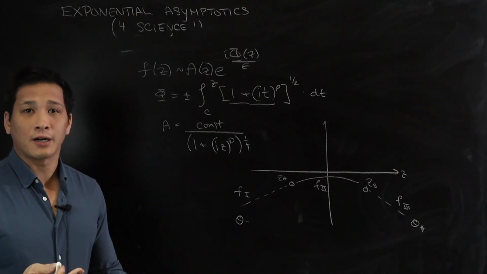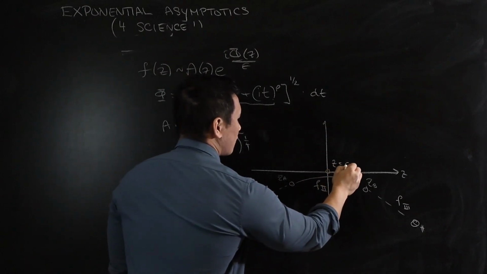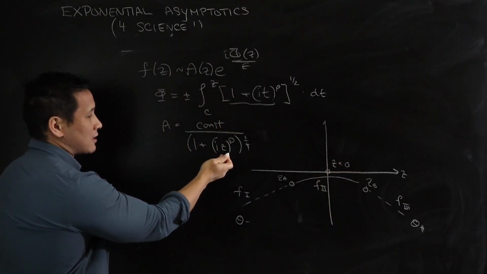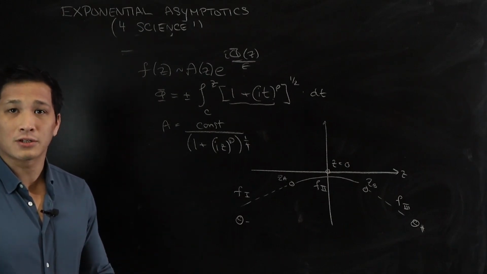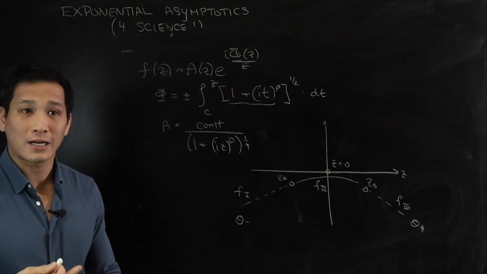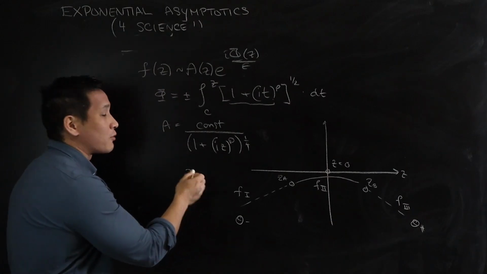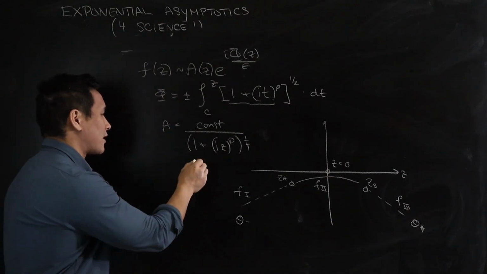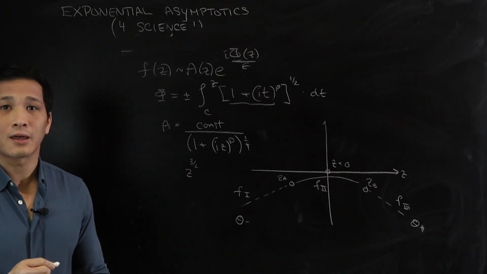but I have a different kind of singularity at z is equal to 0. Because at z is equal to 0, if p is not equal to 2, and if p is irrational, or if p is a rational number that's not integer, then I have a branch point type singularity. So I might have p to the 3 halves or something like that.